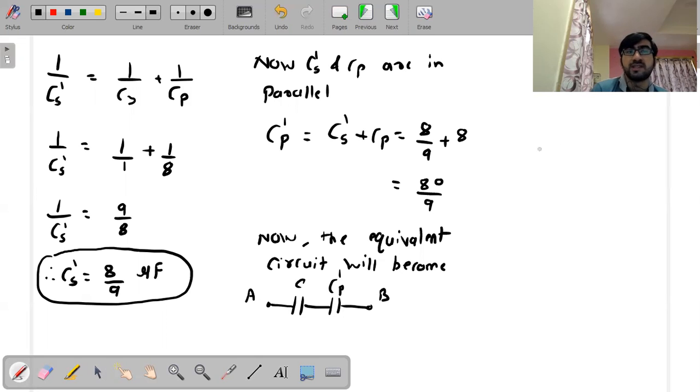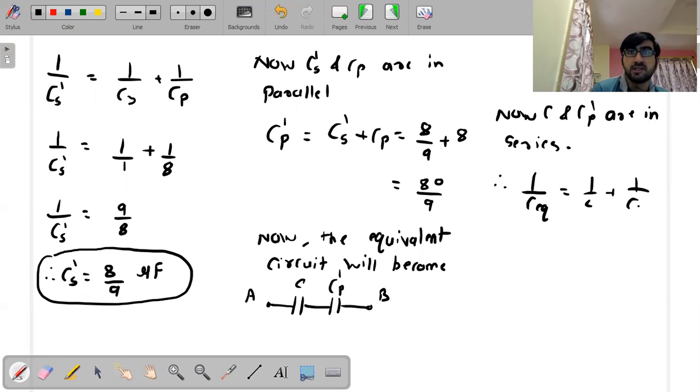Or you can see these two are in series. So now C and CP dash are in series. Therefore, the final equivalent is 1 upon C plus 1 upon CP dash.